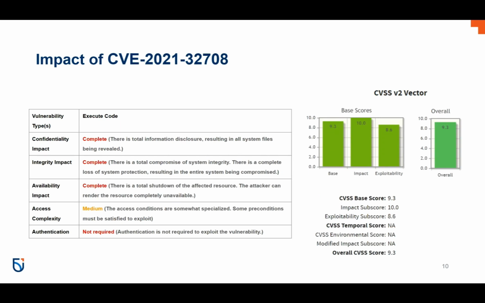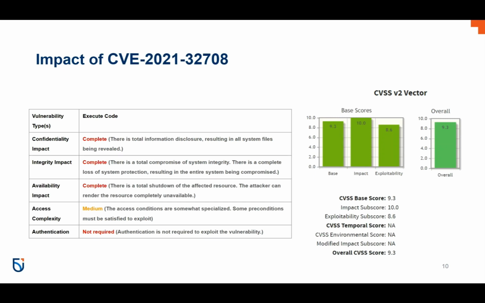To understand the impact of this vulnerability, we can just take a look at its CVSS score. It gains a base score of 9.3, impact score of 10, and exploitability score of 8.6 on the CVSS version 2 vector.